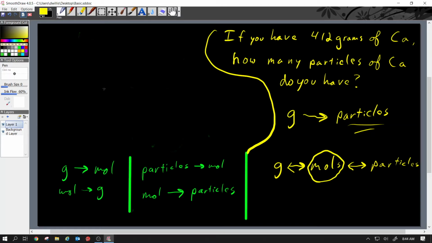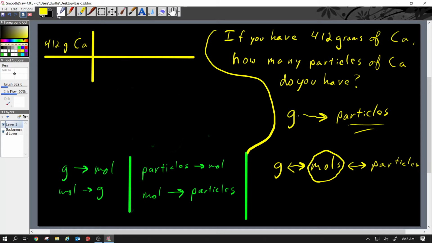All right. You guys remember my little setup that I did like this? I'm going to start with what I'm given, 412 grams of calcium. Now, remember, the first thing that I need to do with this is change it to moles on my way to particles.